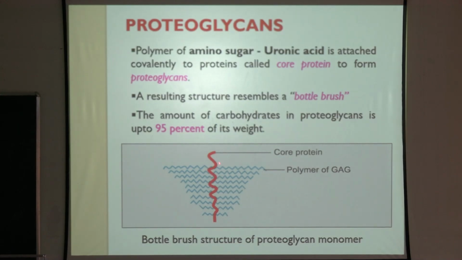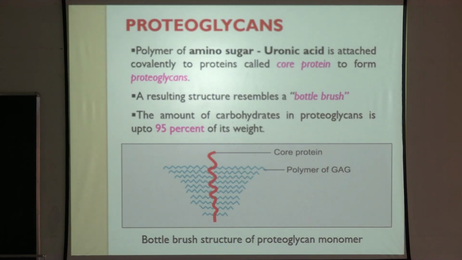Now, this core protein is further attached to a linking mucopolysaccharide known as hyaluronic acid. In proteoglycans, the percentage of carbohydrate is up to 95%. Whereas in the last class, I told you that in glycoproteins the amount of carbohydrate was less than 10%.